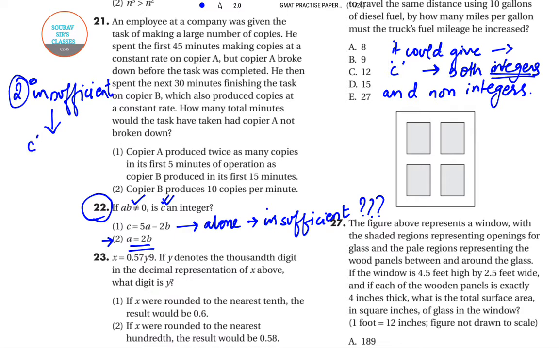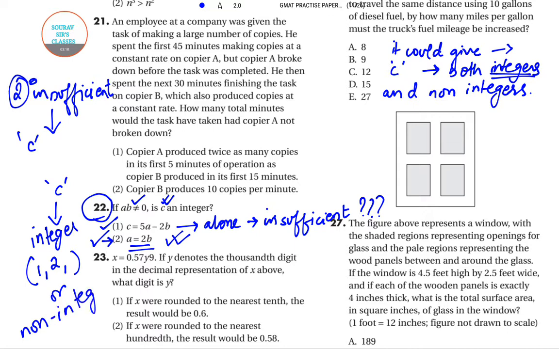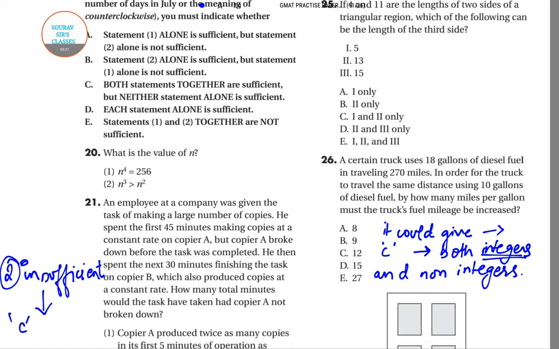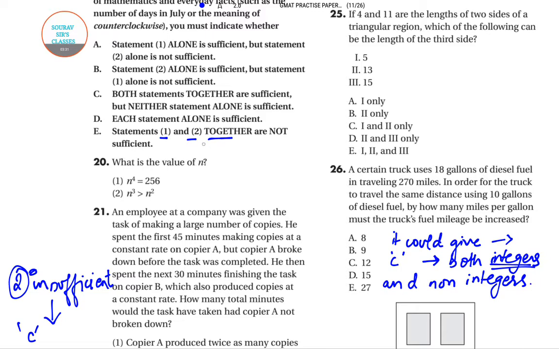Because it says nothing about C, we do not get any information with regard to C. If the statements are combined, that means if you combine 1 and 2, then A and B could still take values that make C either an integer, say for example 1, 2, or a non-integer, and it may take the values 1 by 3 or 1 by 6, etc. Given this analysis, we can say that statements 1 and 2 together are not sufficient.